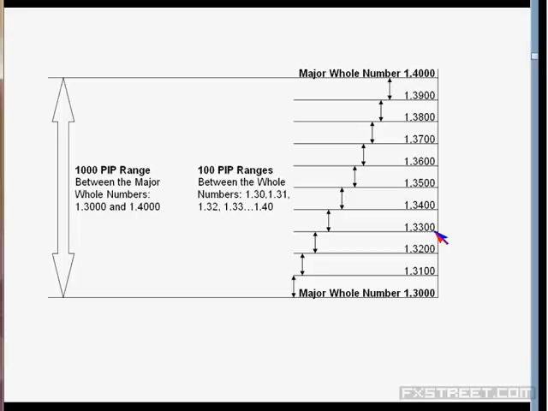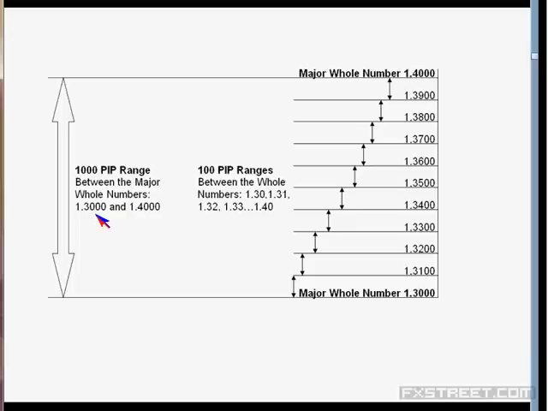So let's consider this example. Let's say we take a look at the current 1,000 pip range that the euro-dollar exchange rate is trading within. What are the two major whole numbers that would define that 1,000 pip range?